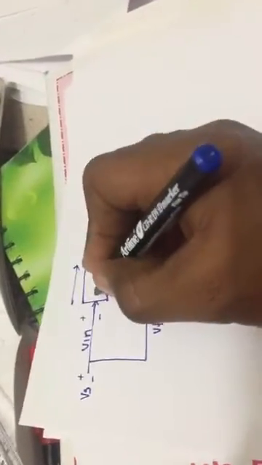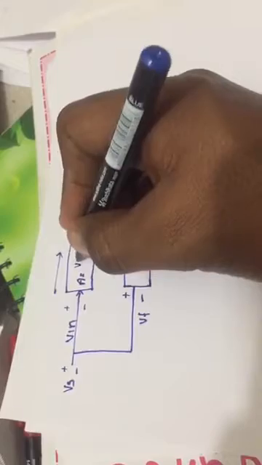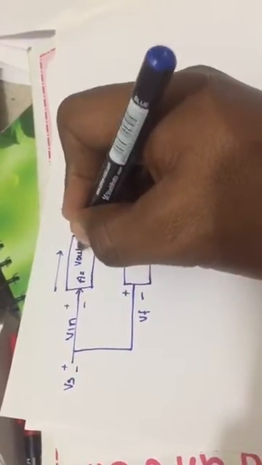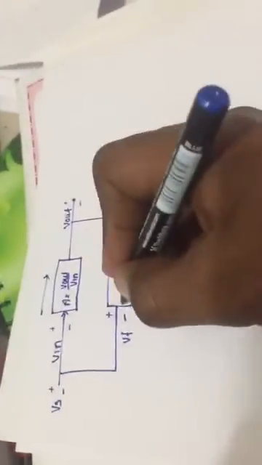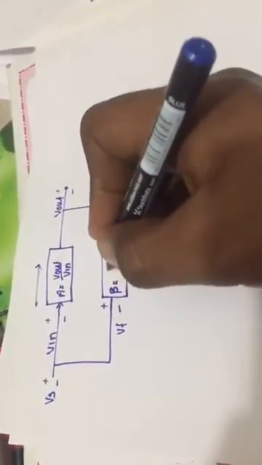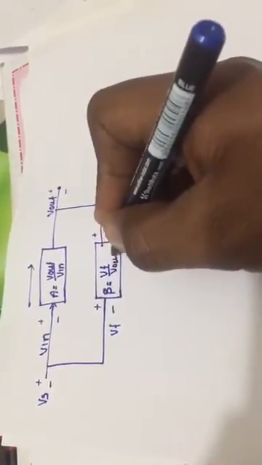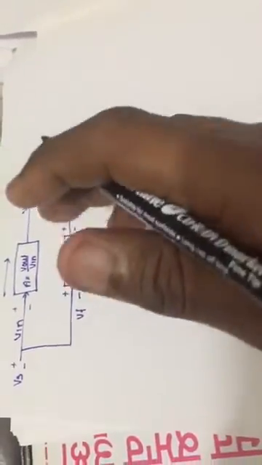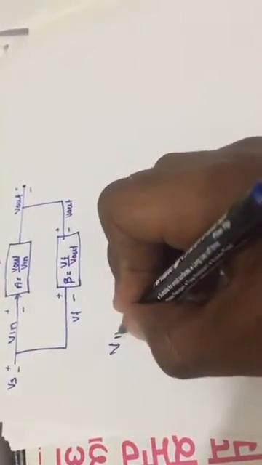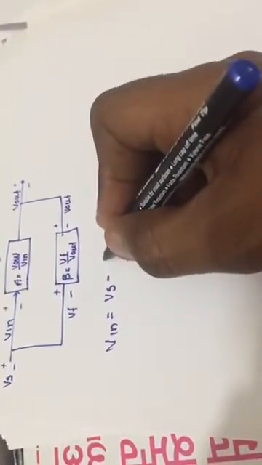For the amplifier, A is equal to V out divided by V in. But here we will use beta. Beta is equal to VF by V out. We already discussed that in negative feedback, V in should be equal to Vs minus Vf.